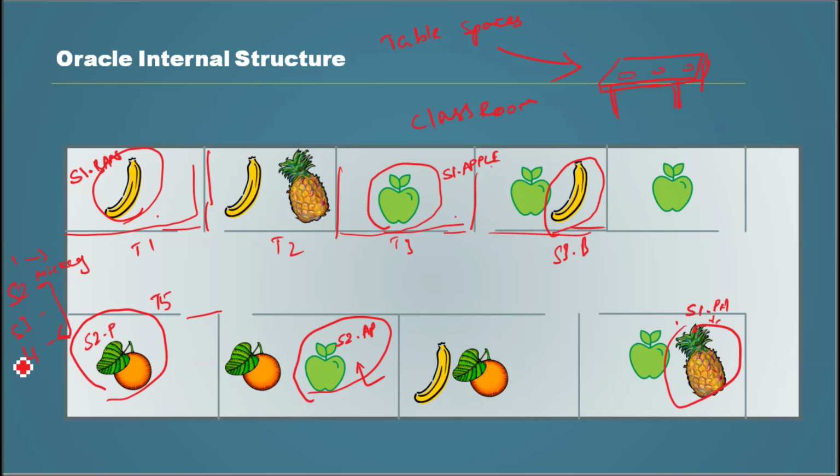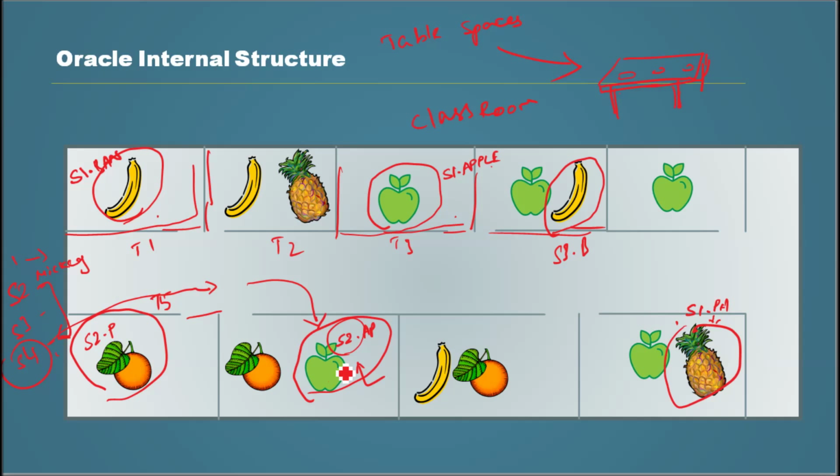Student 2 has an apple here, and she says that if student 4 comes, she can eat my apple. So she gives the permission. When student 4 comes, student 4 is a regular user because student 4 doesn't own any object, but still can come and eat this apple. Why? Because the owner, student 2, has given permission. That's how it works.